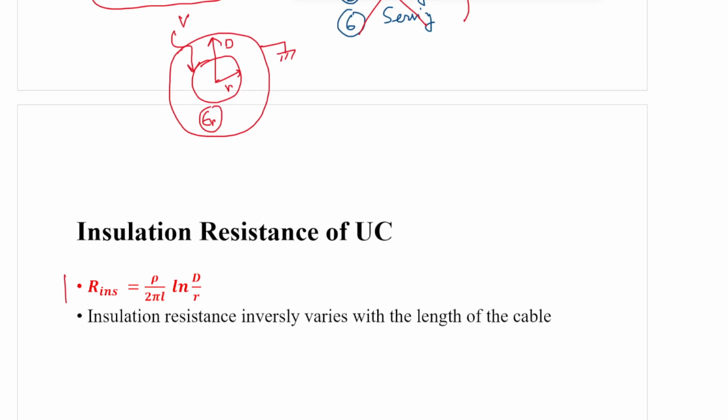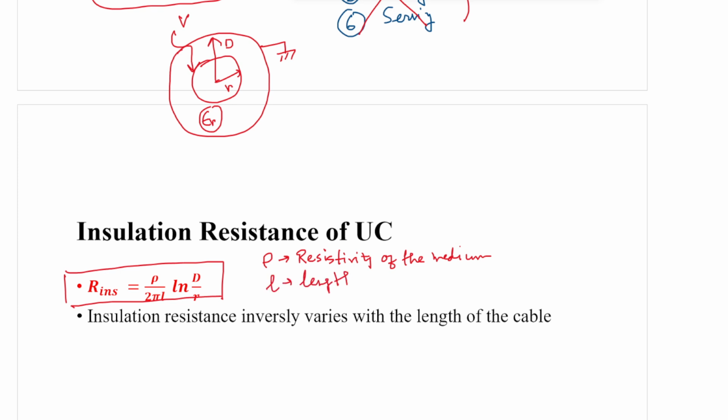Rho is the resistivity of the medium, L is the length, and d and r I have already told you.